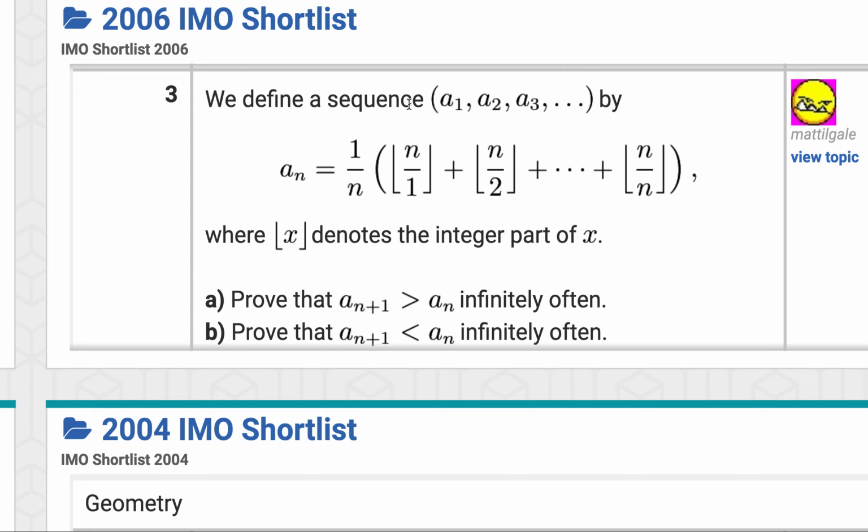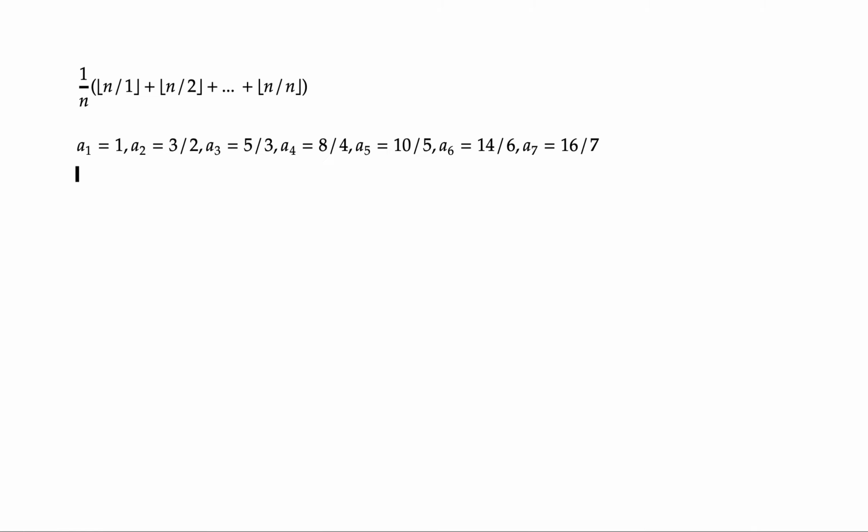if we consider a sub n plus 1, we can equivalently show that a sub n plus 1 is unbounded.